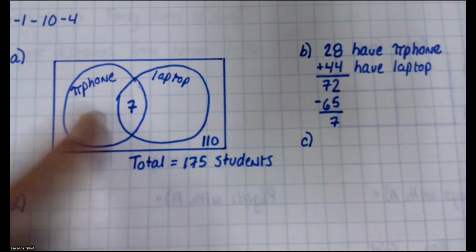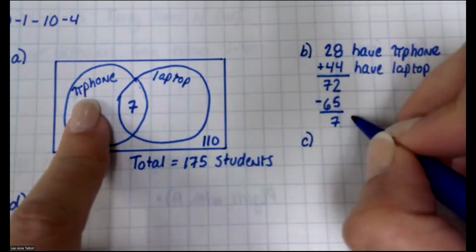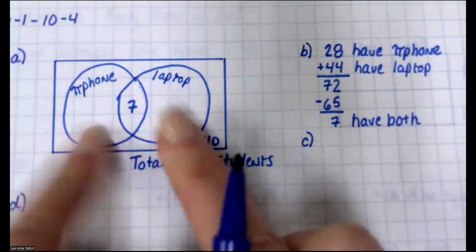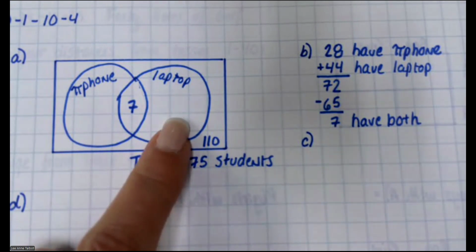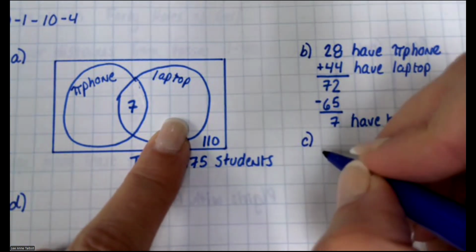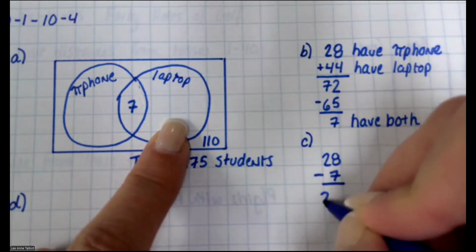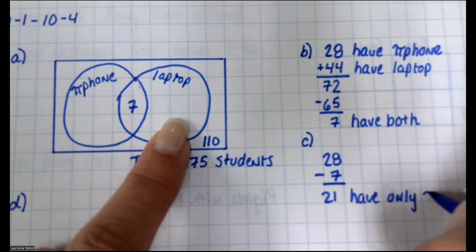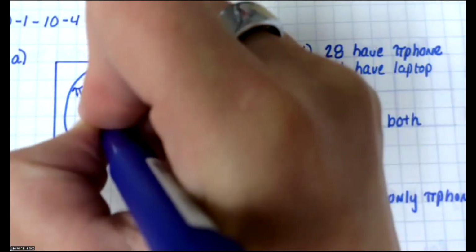Okay, now we're going to use C to figure out what goes in both of these spots, because this is not 28 and this is not 44. This is 21.